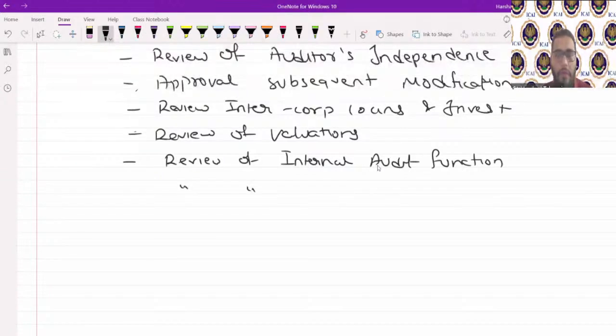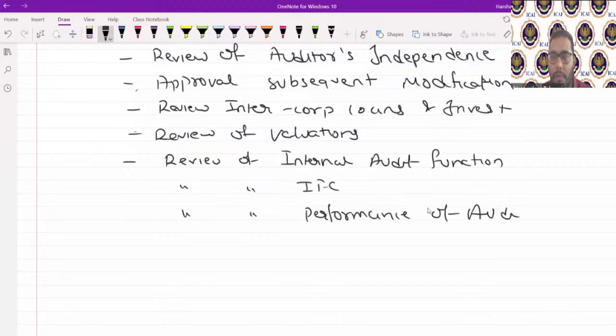Then review of internal financial controls. Review of performance of auditors. When I say auditors, it will be statutory plus internal auditor both.